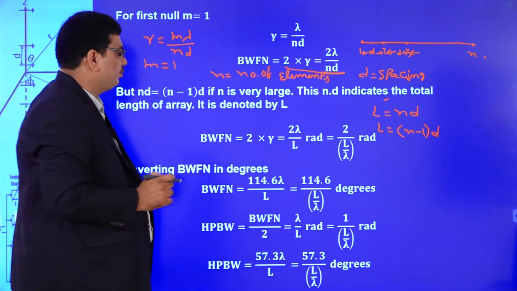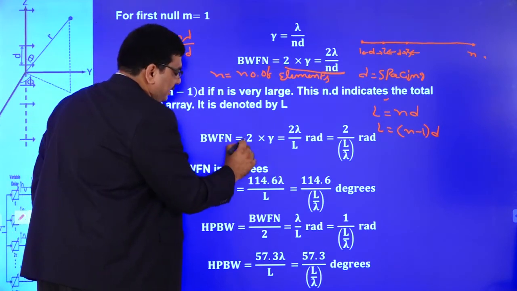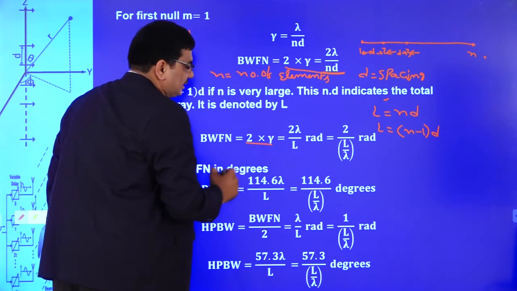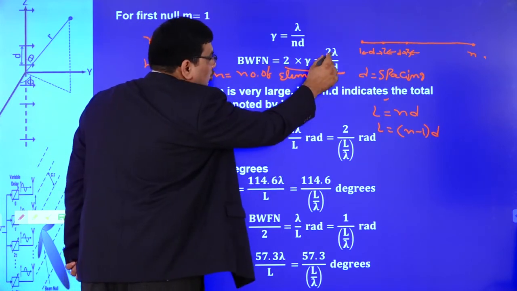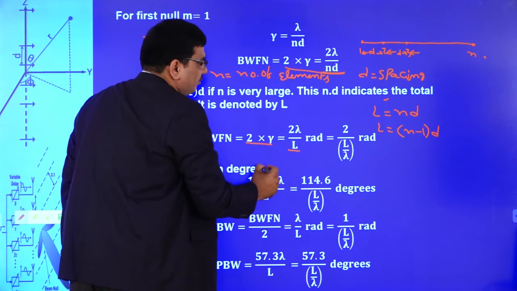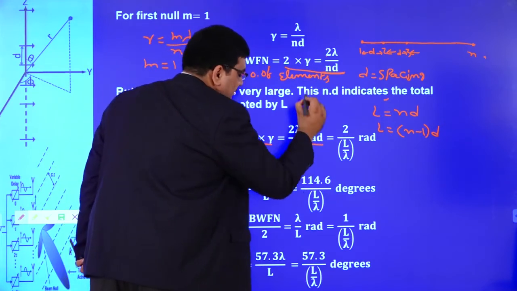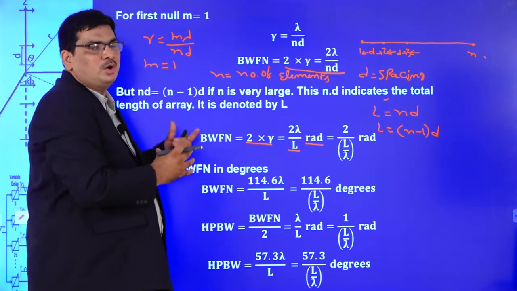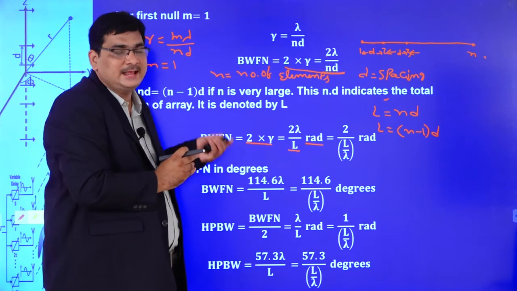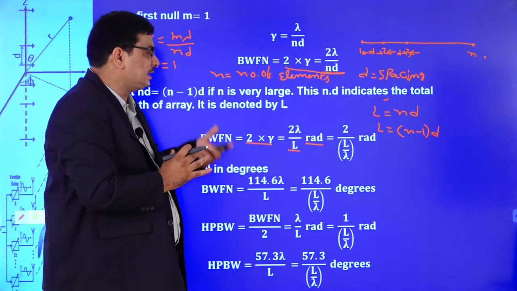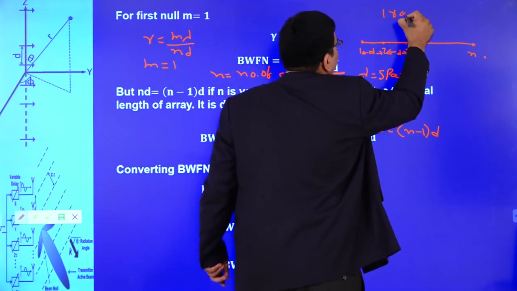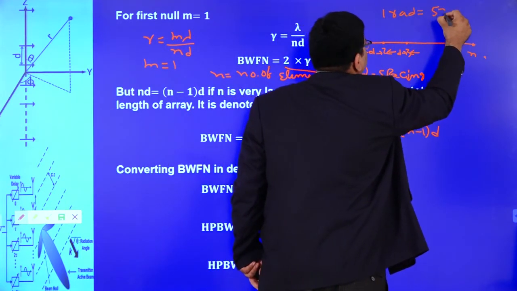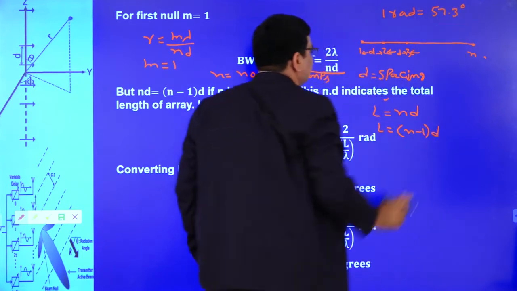From this we substitute: first null beam width is equal to 2 into zeta, that is 2 lambda by L, where L is nd, in radians. If you want this in degrees, 1 radian is equal to 57.3 degrees.